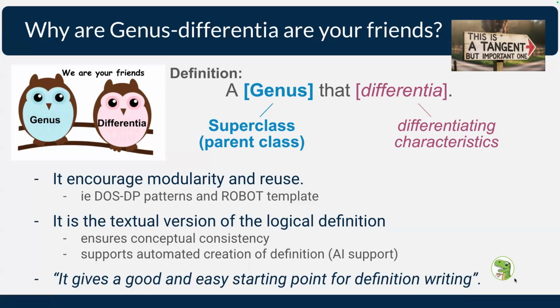Also, and this is Sabrina talking here, it gives a really good and easy starting point for when you have to write the definitions. I know that it's sometimes difficult to know where to start, especially when you're somebody new to the ontology world. But if you think of the genus differentia way of writing definitions, it gives you a really good starting point, and that really helps.